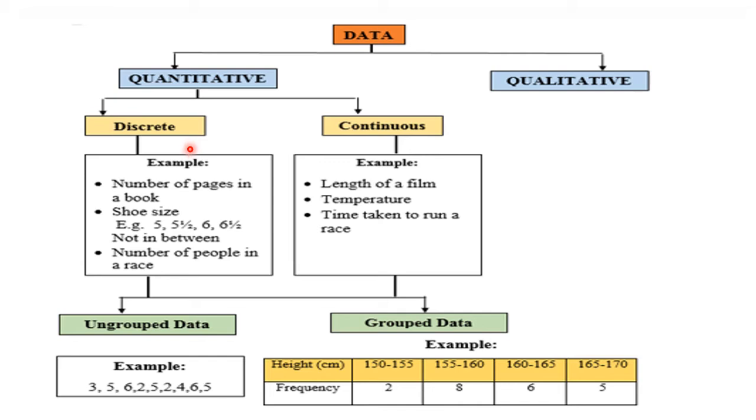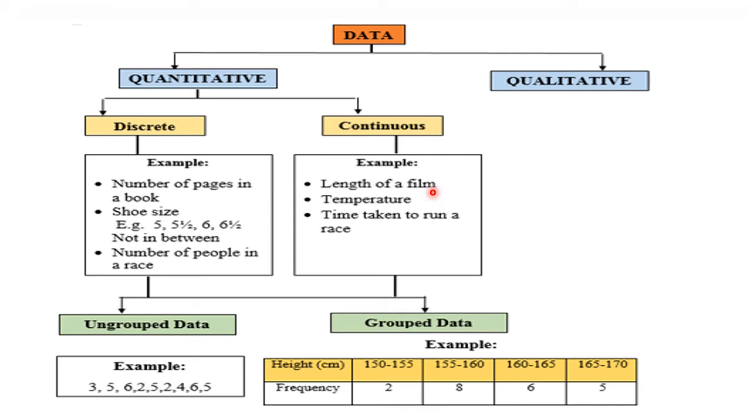Continuous is impossible to count. Usually we have a certain range for continuous data, such as the length of a film. The length of the film cannot be 1 to 3 minutes; it should be a set range. Is it less than 60 minutes, or about 60 to 70 minutes?